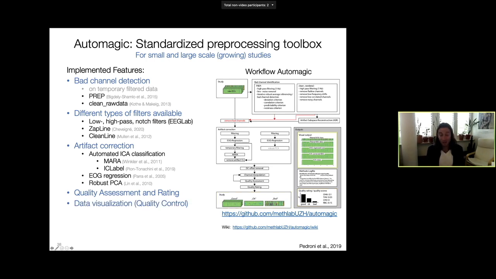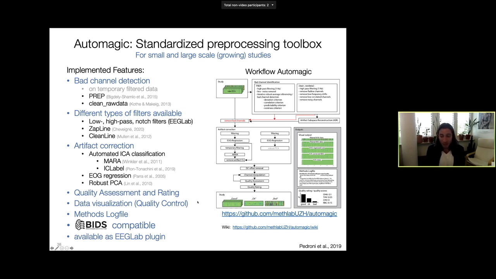And we also provide some data visualization to see the different effects of the individual pre-processing steps. And then we also provide a log file of the methods, which helps you to write the method section correctly for your publication. And it's BIDS compatible, so it can load data which are already in the BIDS format, but it can also export the data into the format if you wish.